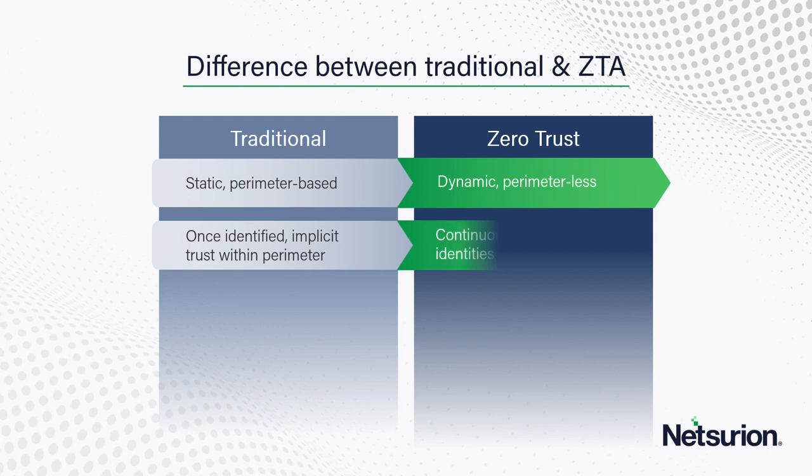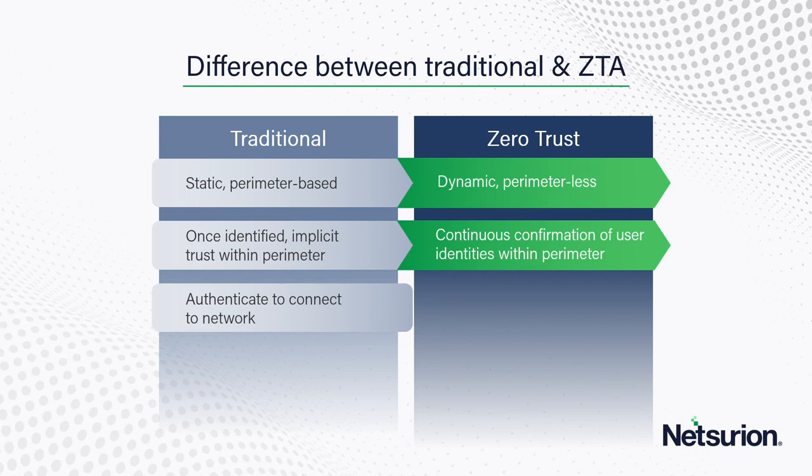In ZTA, even if you're in, it doesn't matter. Anytime you try to access something, we have to confirm your user identity and authenticate you. In the traditional model, you authenticate once when you're connecting to the network. With ZTA, you're authenticating every time you're accessing any network device.